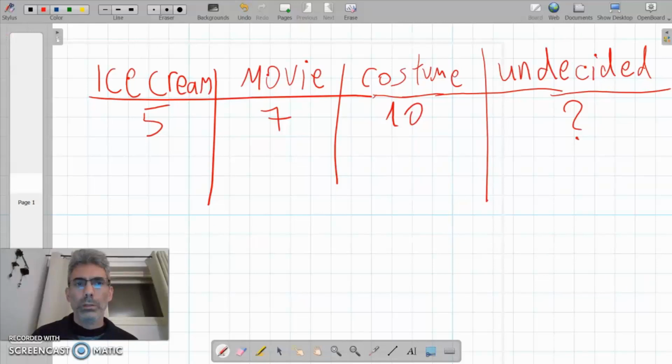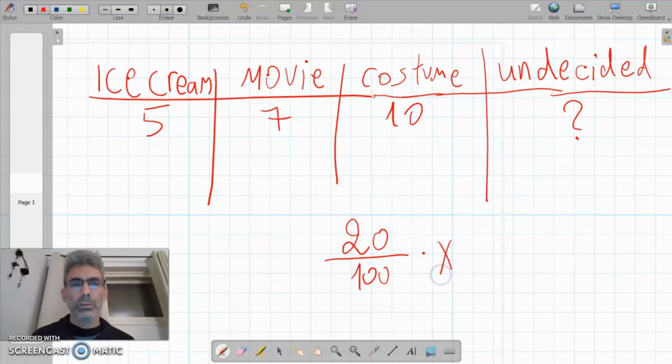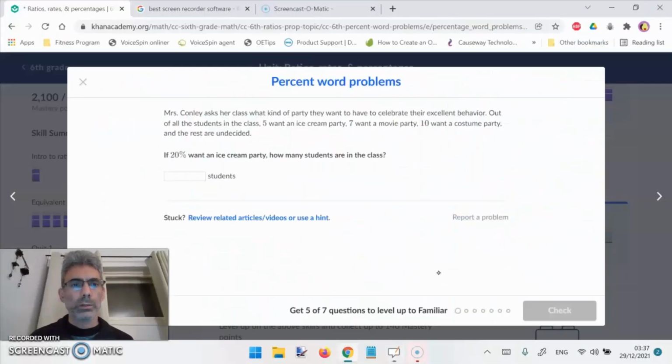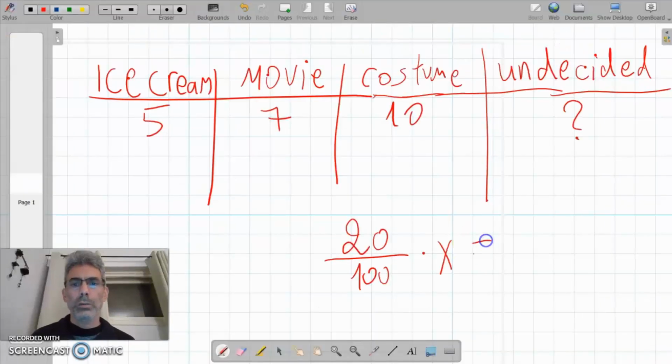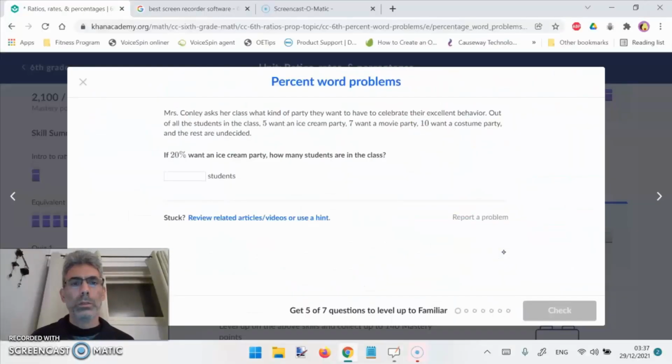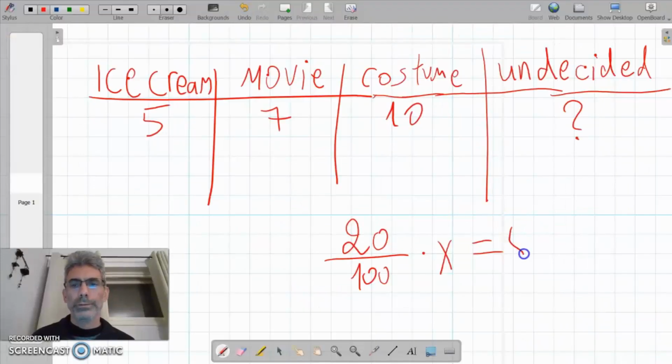So 20%, 20 hundredths are equal to 20%, of X, because we don't know the number of students in the class, equals 5.